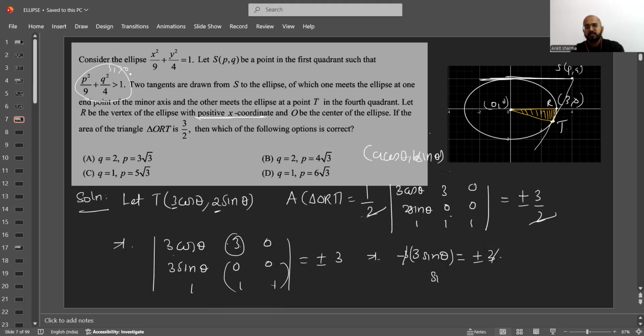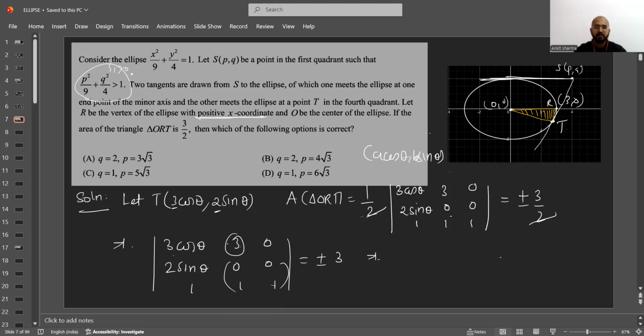So that means my sine theta becomes, since this is in the 4th quadrant, that means we can be sure about the coordinates of point T. No, this is not 3 sine theta, that's 2 sine theta. One minute. Here I wrote it in an insane manner, basically. This is 2 sine theta. So yes, this is 2 here.